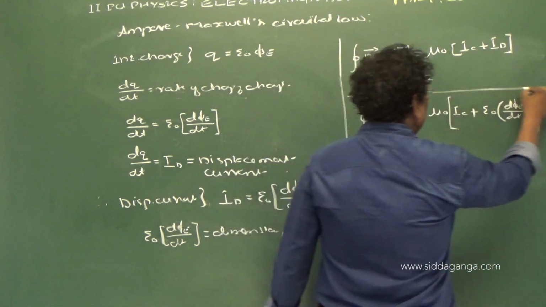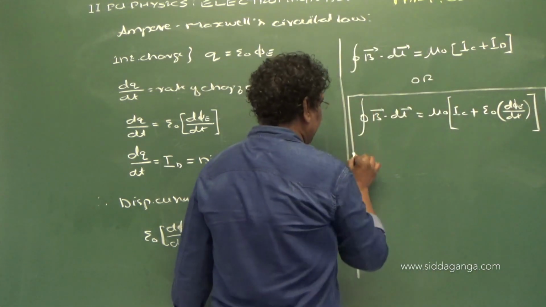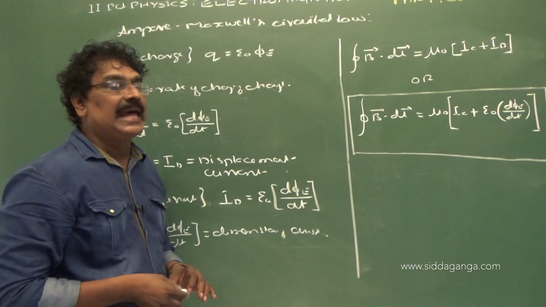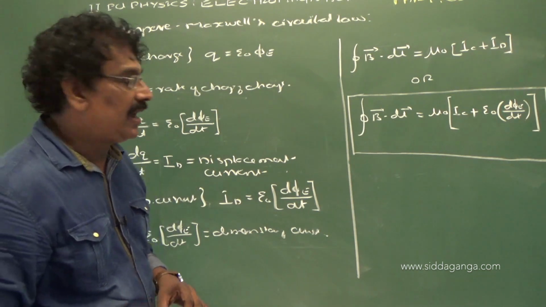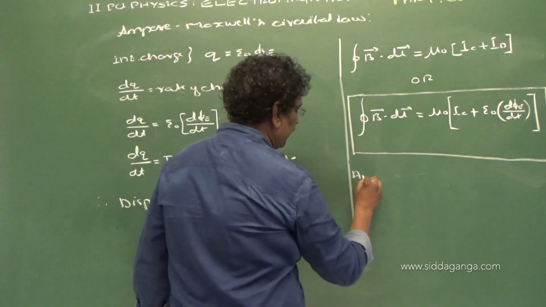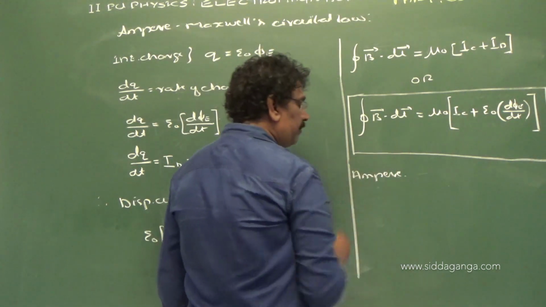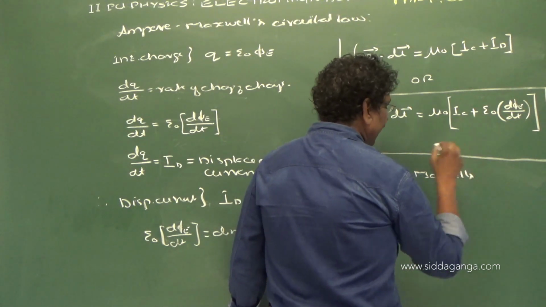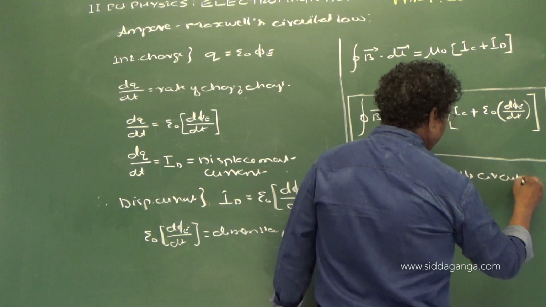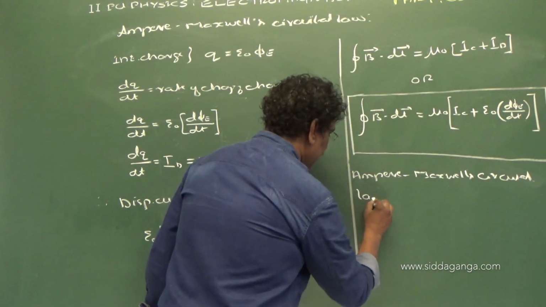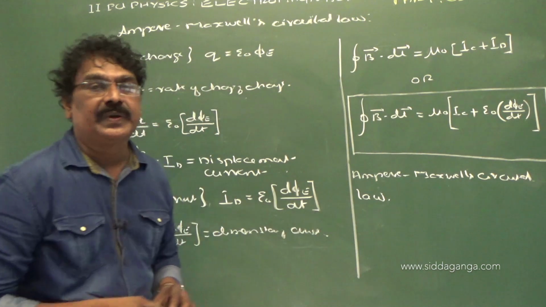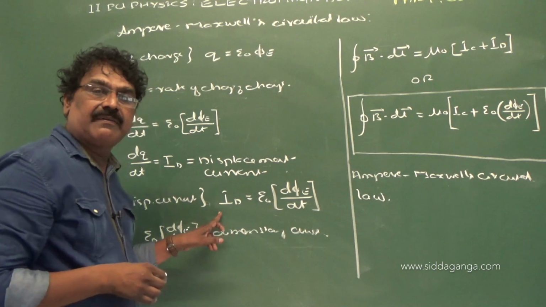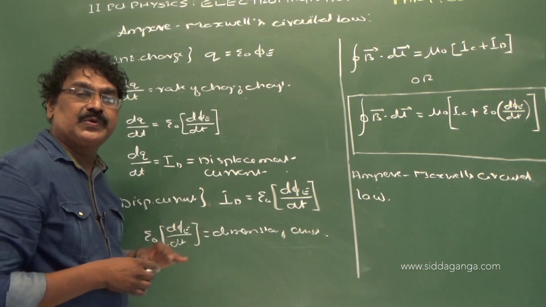So this is the modification applied by Maxwell to Ampere's circuital law, and this law is called Ampere-Maxwell circuital law. The important thing here is the concept of displacement current introduced by Maxwell to correct Ampere's circuital law.